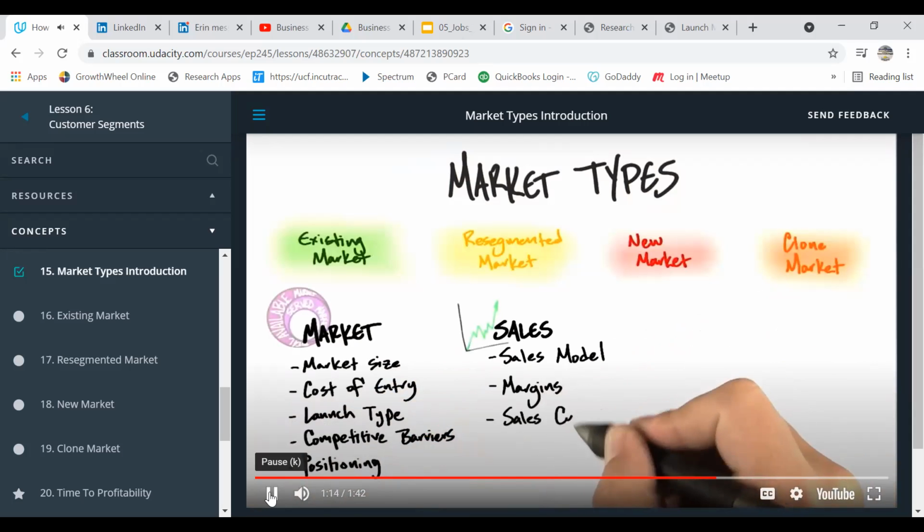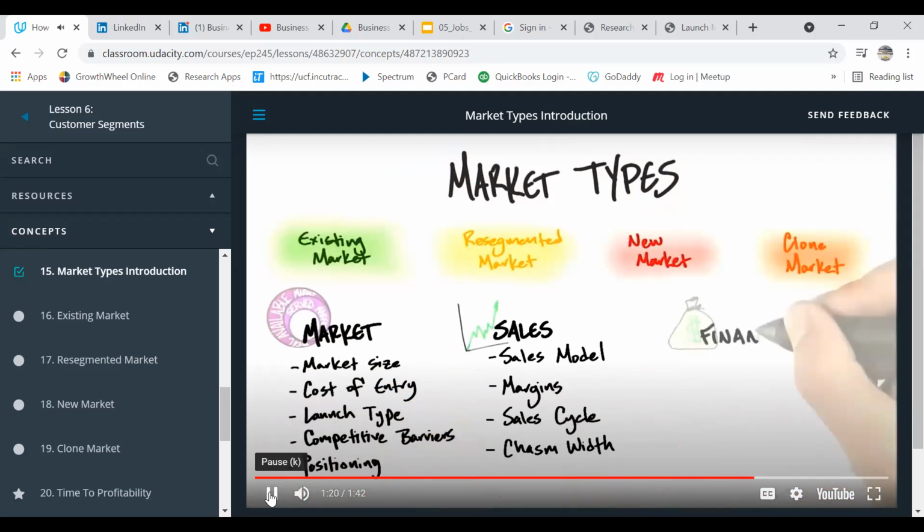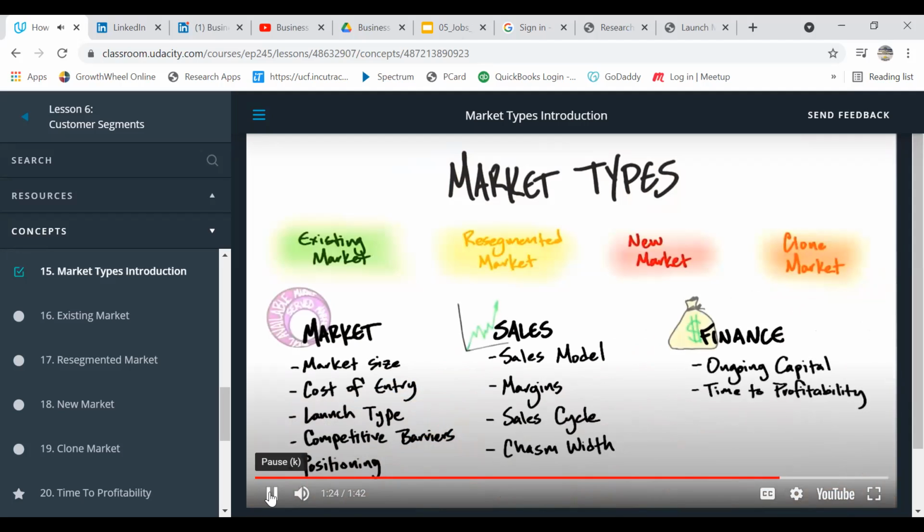How long it takes, that is the sales cycle, and something called the chasm width, which we'll take a look at in a second. It also affects how much money you're going to need to raise and how long it takes to get to profitability. And then finally, it affects the types of customers and what their needs are and how long it takes to adopt. So one of the things this looks like is just a checklist: market type seems to affect everything. What the heck can it be? So let's go a little further and define it.